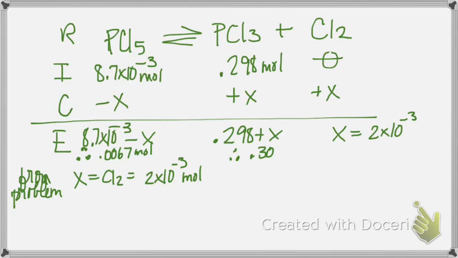Okay? So now to find K, which is what we're ultimately looking for, we need to turn those into... So there I just plugged in X and got all my values. But those are moles right there, right? Those are all moles, so we need to divide by volume.